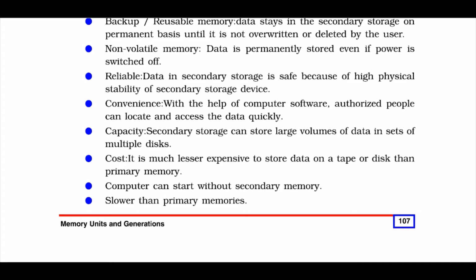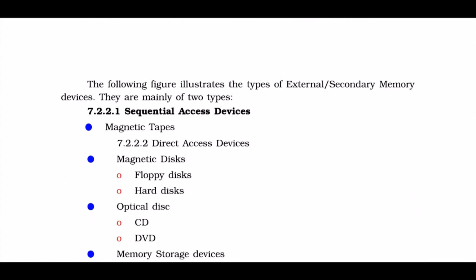Convenience. It's good for upgrading computer software or any computer information. Capacity. It can be used multiple times and multiple disks. You can increase its capacity. Cost. It's much less expensive. Computer can start without secondary memory. It is much slower than primary memory though.